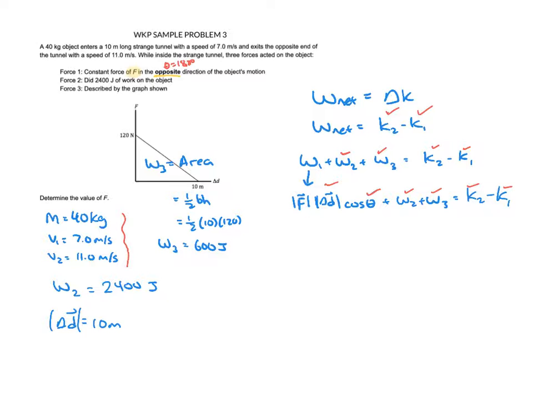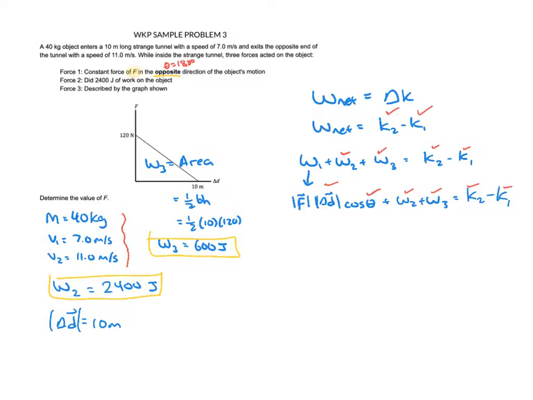Okay, so since I already know work 2 and work 3, what I think I'll do is I'll calculate K1 and K2 off to the side and then put those numbers in as well.